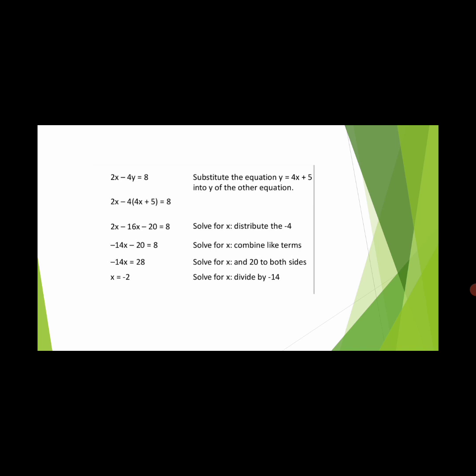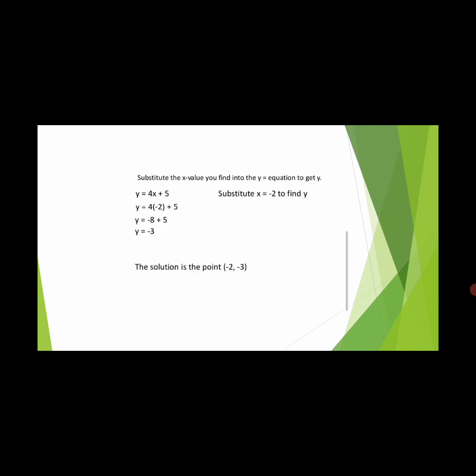Now we want the x value. So minus 14x minus 20: the 20 goes to the right hand side along with 8. Minus 14x equal to 20 plus 8, 28. X equal to 28 divided by minus 14. So the x value is equal to minus 2.